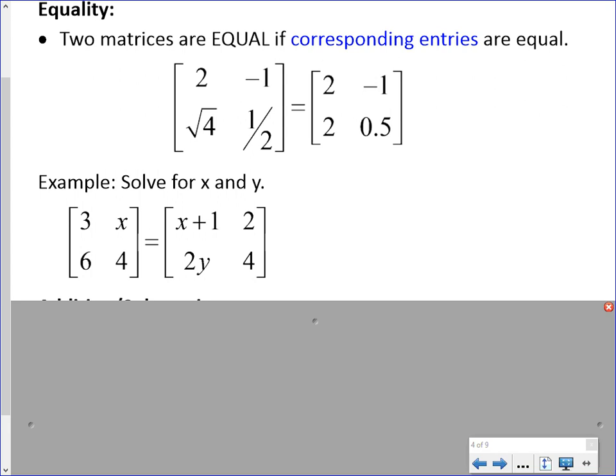And then I have x plus 1, 2, and 2y, 4. Look those over. Knowing what you know about matrix equality, what's an equation you could write to solve for either x or y? Bailey?